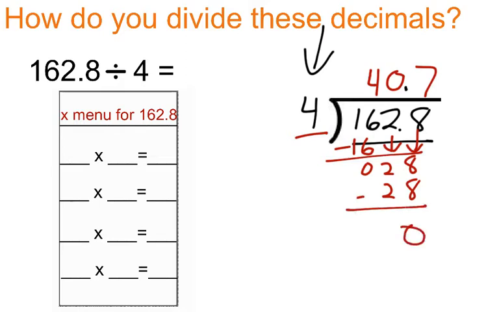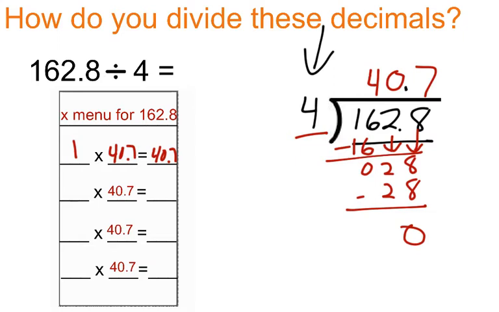And so when I'm looking for a multiplication menu, I can see that each group, of course, is going to be 40 and 7/10. So 1 times 40 and 7/10 is 40 and 7/10.